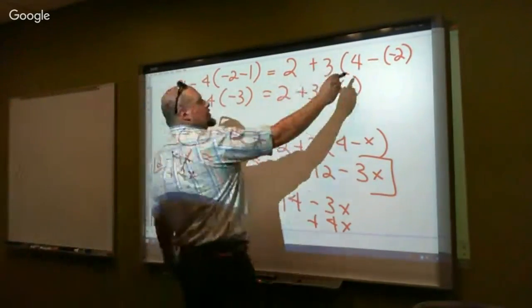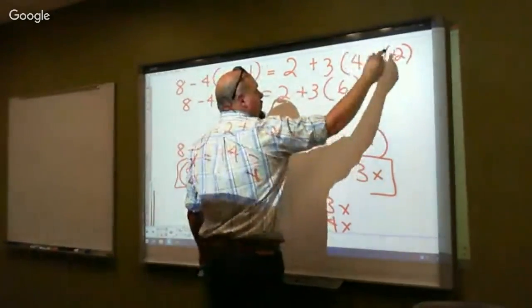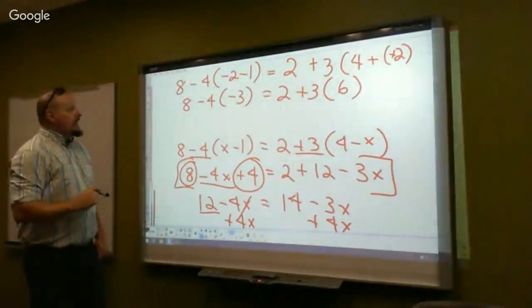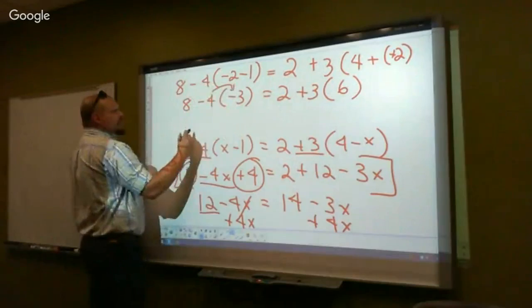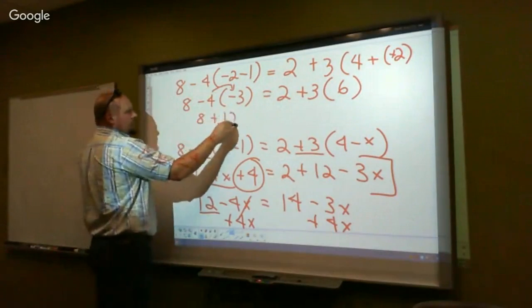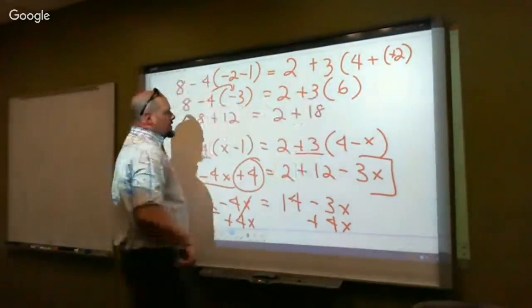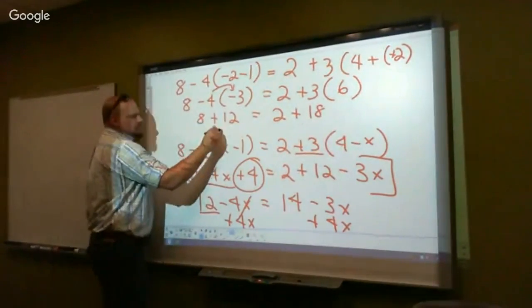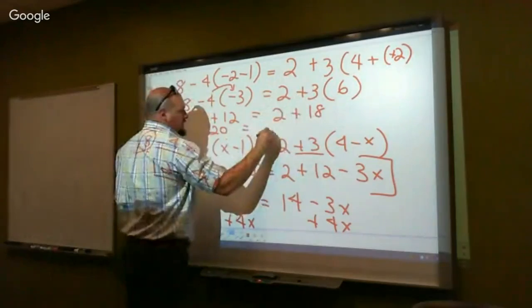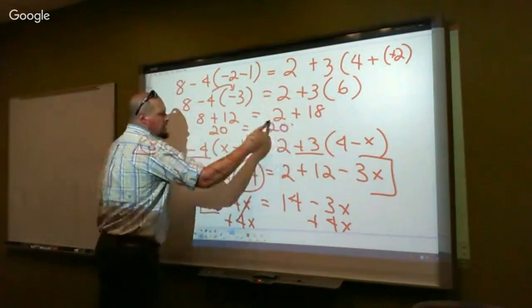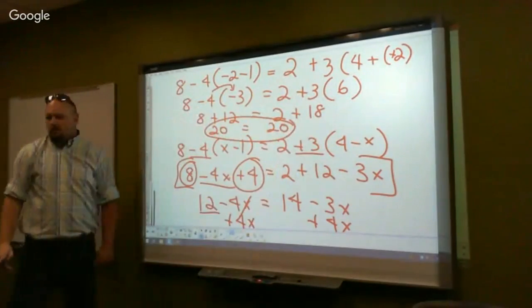No, 4 minus a minus is like plus. 4 plus 2 is 6, right? And then this multiplies, so we have 8 plus 12, right? Equals 2 plus 18. And 8 plus 12 is 20, equals 2 plus 18, 20. Is this a correct answer? 20 equals 20?